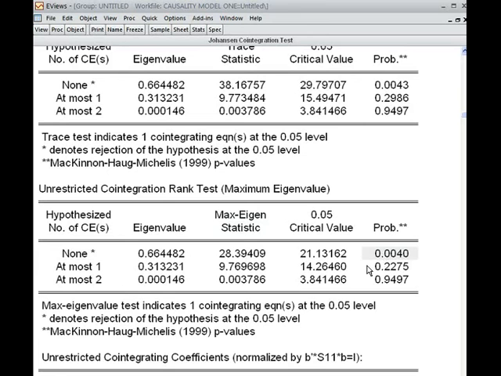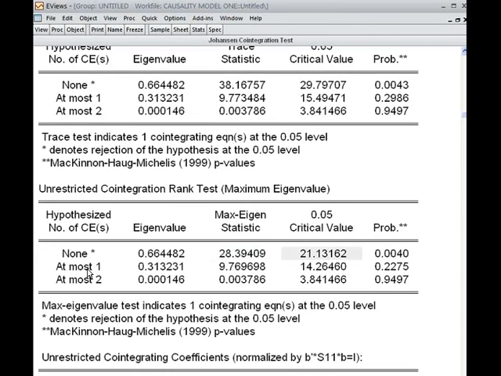Yes, because the p-value is less than 5%, so we can reject null hypothesis. And also from here, the max eigenvalue statistic is bigger than critical value, so we can also reject null hypothesis.